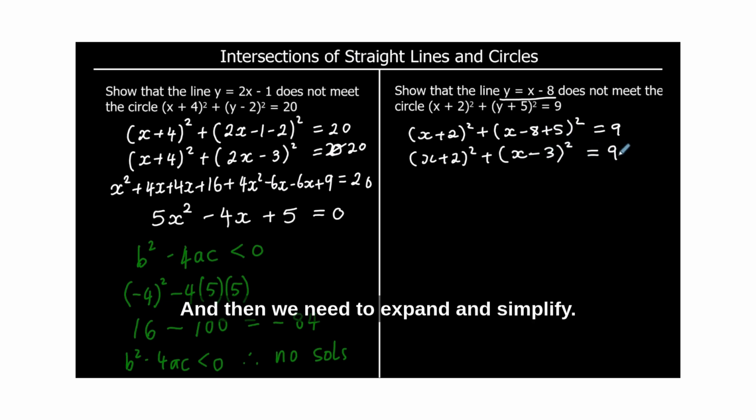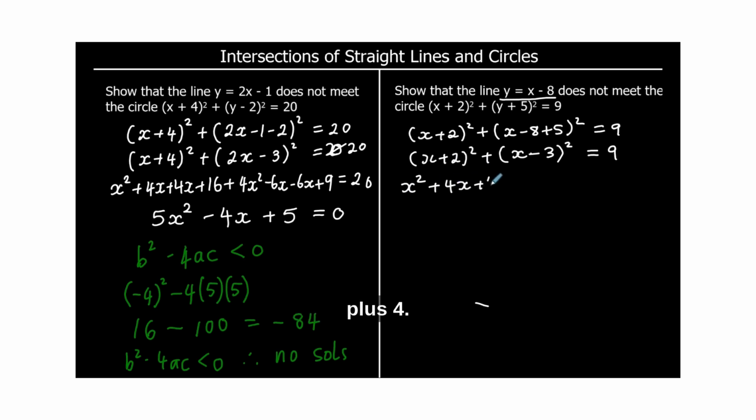And then we need to expand and simplify. So (x plus 2) squared is x squared plus 2x plus 2x plus 4. (x minus 3) squared is x squared minus 3x minus 3x plus 9. And that's still equal to 9.